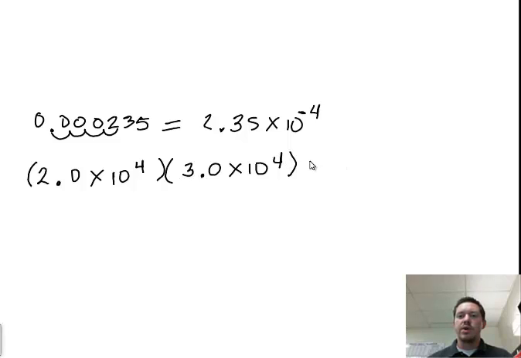You're going to look at your sign, it's multiplication, so you're going to multiply our two bigger numbers. 2 times 3 is 6. 6.0. Put times 10 in here still. But since this is a multiplication, I'm going to add those exponents. So 4 plus 4 gives me 8. So 2.0 times 10 to the 4th times 3.0 times 10 to the 4th equals 6.0 times 10 to the 8th.